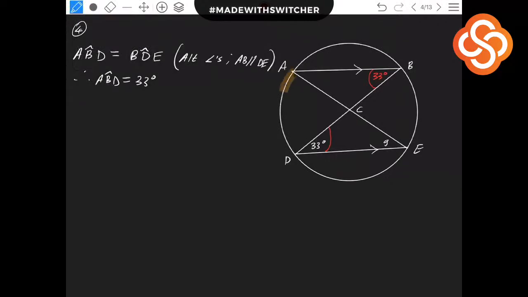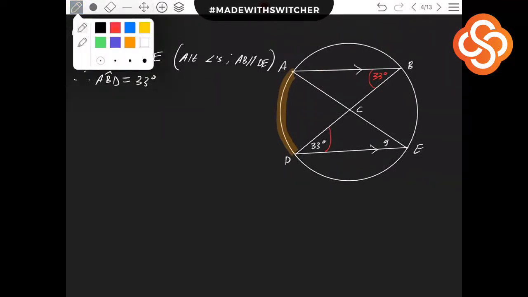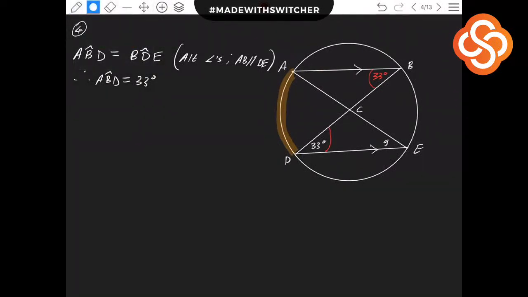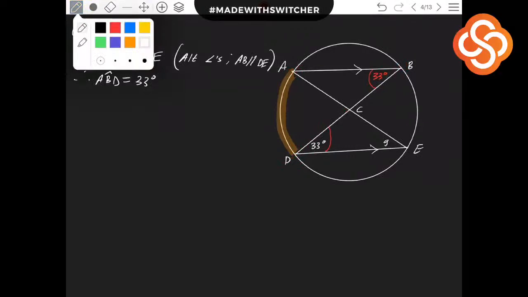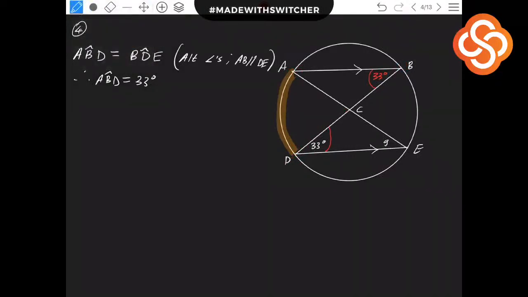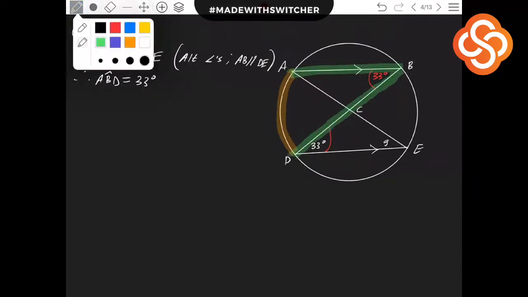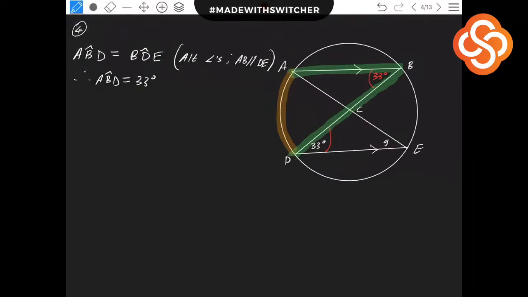Look at this arc, two angles are subtended from this arc. The first angle is angle ABD, so let me mark it here.